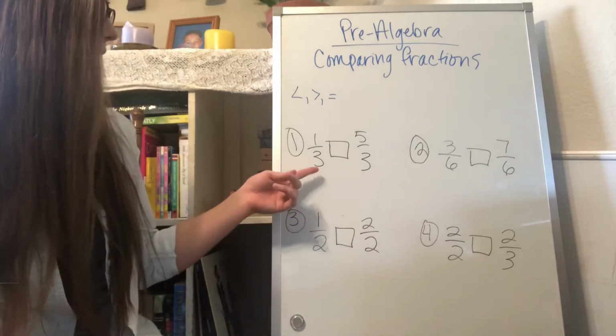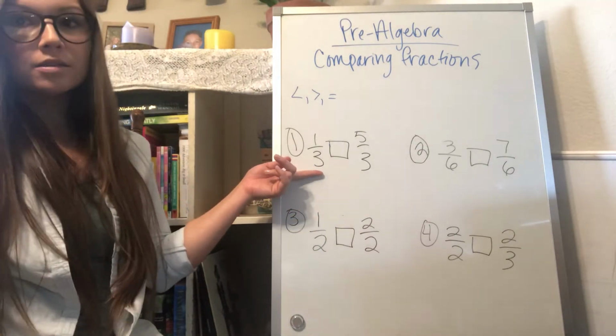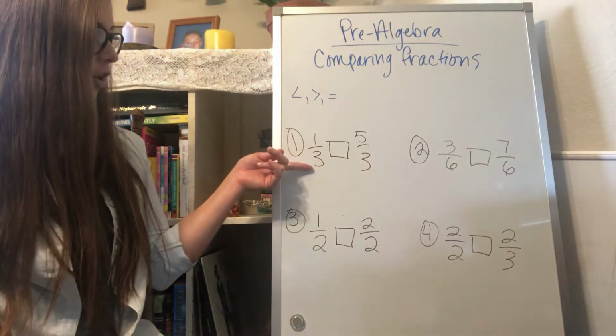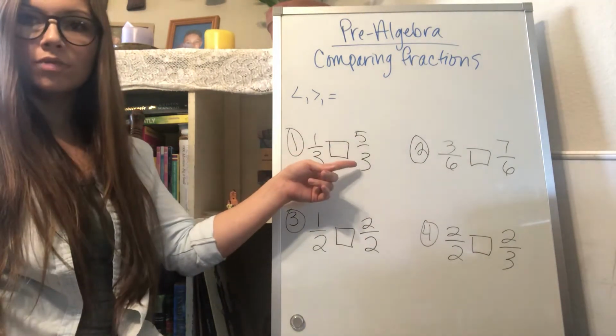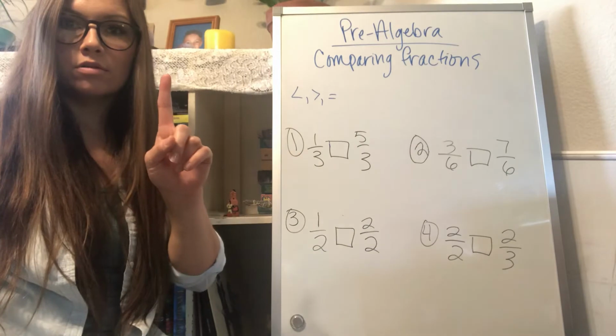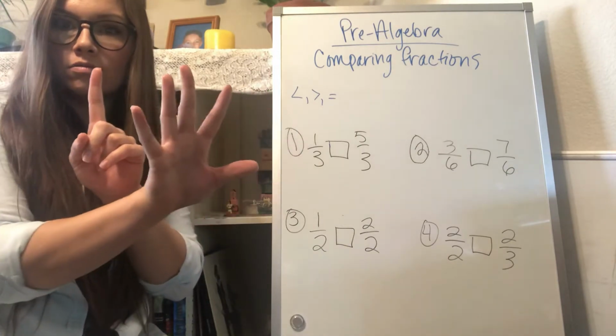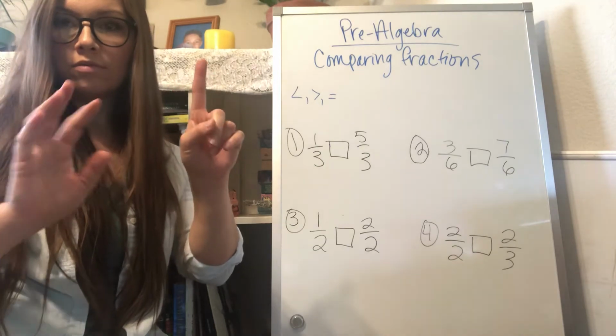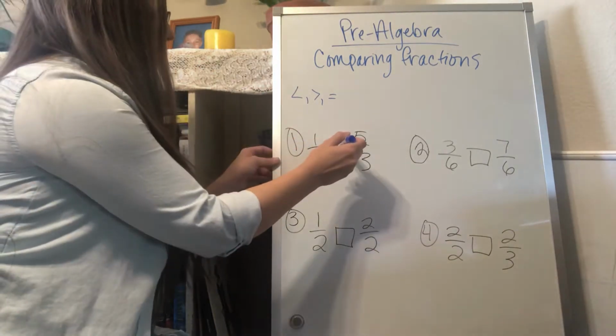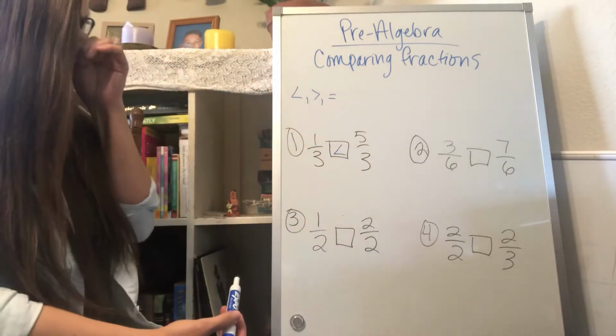Because I know that if I have 3 total pieces, 1/3 is going to be less than 5/3, right? Because 1/3 and 5/3, right? Automatically, 1, 2, 3, 4, 5 is greater than 1, right? So obviously this sign's going to go in there, okay?